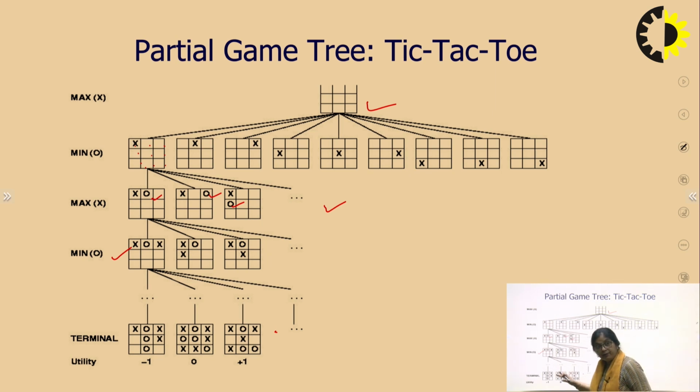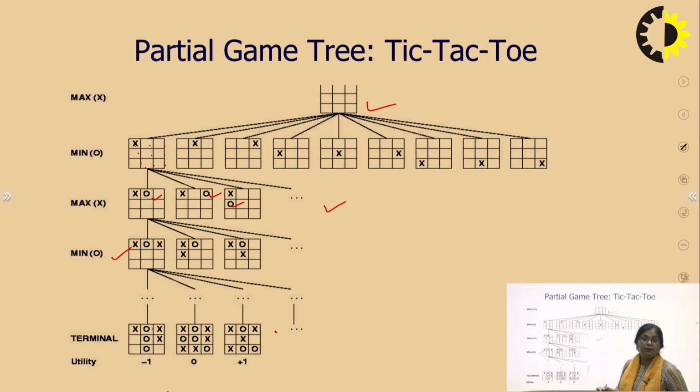Now after going like this, one case will happen. Let me consider this one. In this, we have 3 O's in one column. It means Max has lost the game. If we consider this situation, the draw condition is there.